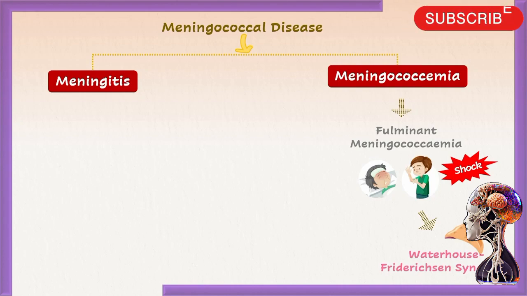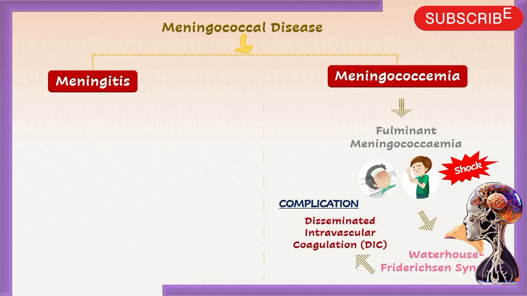Its frequent complication is disseminated intravascular coagulation, or DIC, which is a serious disorder in which the proteins that control blood clotting become overactive. Small blood clots develop throughout the bloodstream and block small blood vessels.